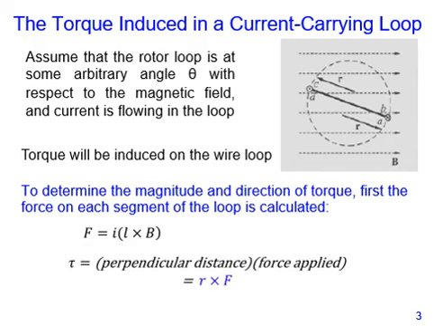So the force is ILB as discussed before, and the torque would be perpendicular distance. This distance is from the point where force is applied up till the axis where the loop is moving.